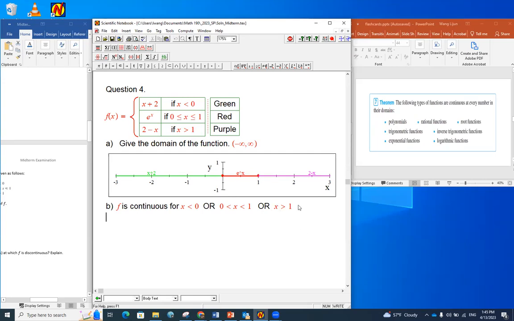So we're going to look at 0 and 1, and we have to look at the one-sided limits.